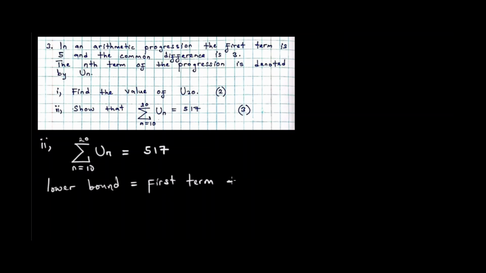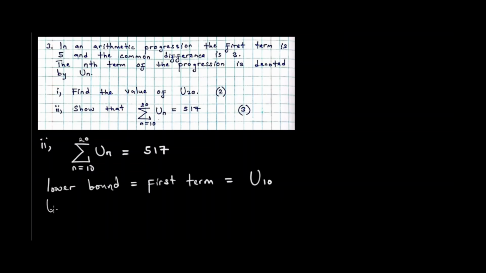It's going to be equal to the 10th term. So the lower bound, or first term, going from the 10th term to the 20th term, is u10. So bear with me, don't be confused, it's going to make sense.